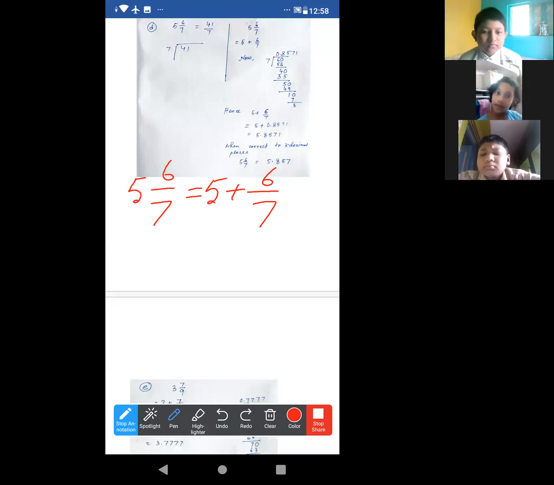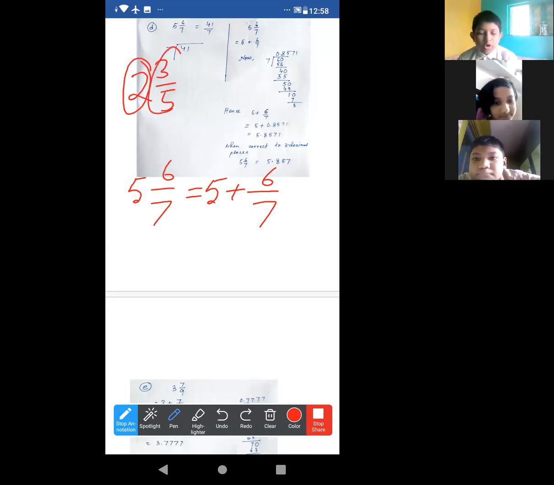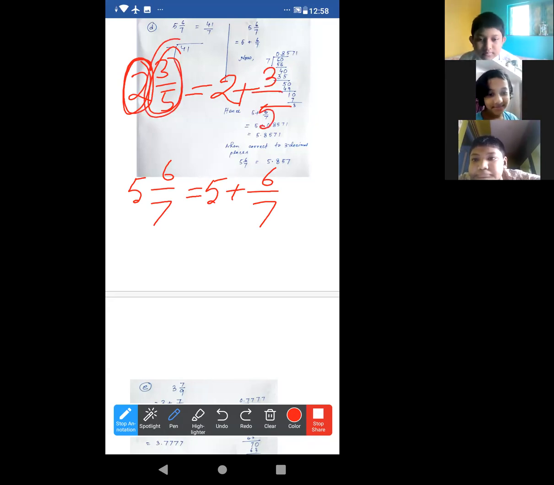Suppose a whole number is given in it, suppose 2 whole 3 by 5. That means we can break it into 2 parts. It will be 2 whole, that is the whole number given, and this part 3 by 5.